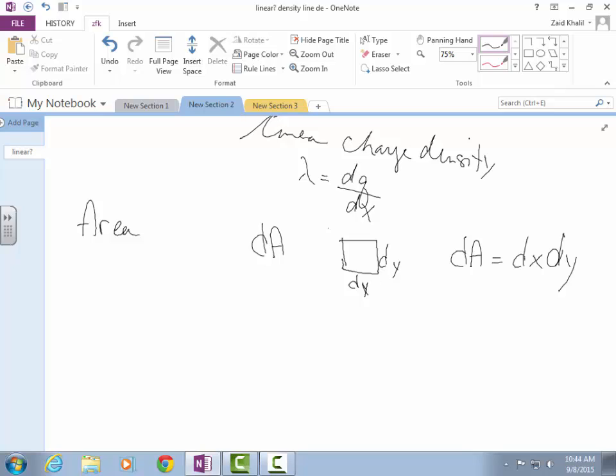So let's take a look. Unlike one dimension, when you deal with an area, it depends upon what coordinate system you're using. Now in Cartesian, it's just going to be this. So what you could do is morph this. First, this is in Cartesian.